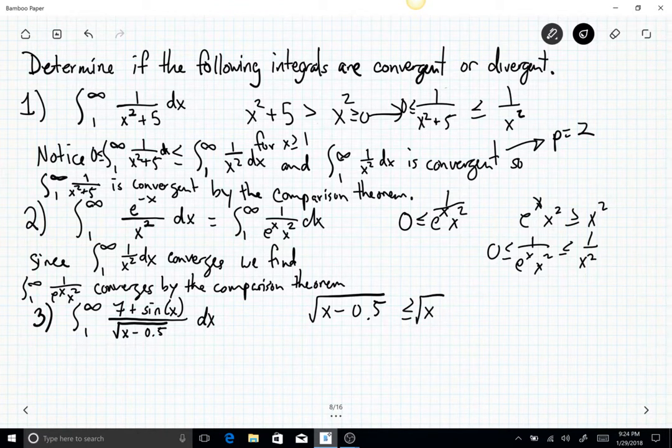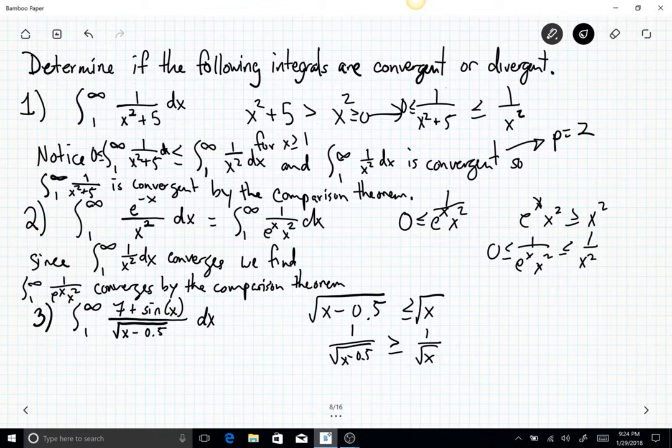On a side note, if you're thinking it's divergent, we have to remember that 1 over the square root of x minus 0.5 becomes greater than or equal to 1 over square root of x. And this integral is divergent, this 1 over square root of x business.